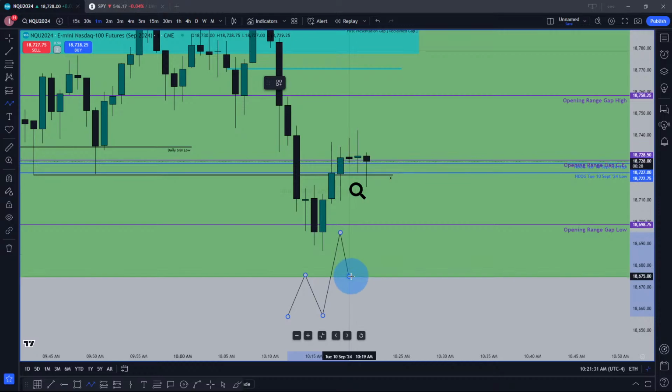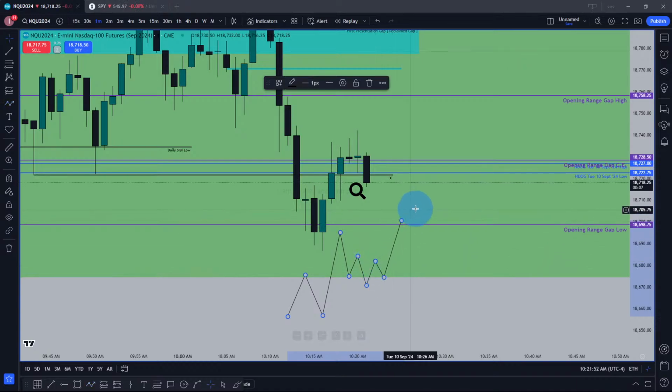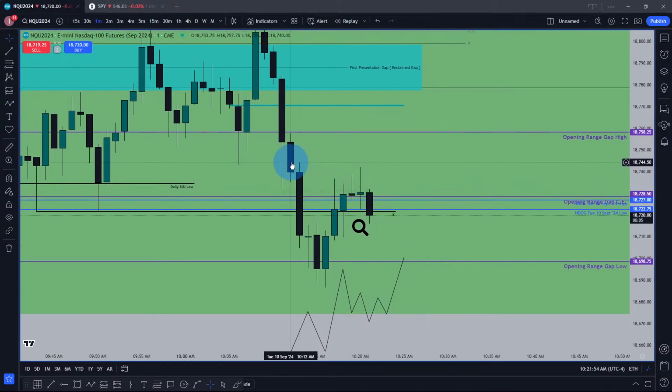What you'd want to wait for as an entry model long is the same thing I just spoke about: a sweep of that low, analysis on this price swing here, making sure this high here is in a discount of this dealing range. Then once price inverses that, or you have a fair value gap, you can take that towards the dealing range high, which is this candle high here.